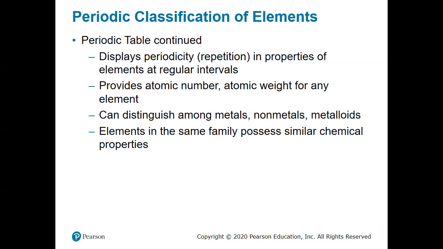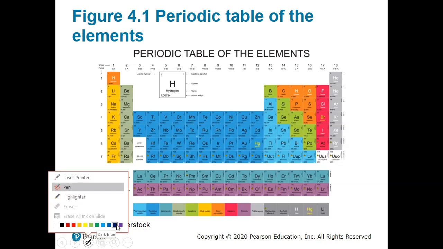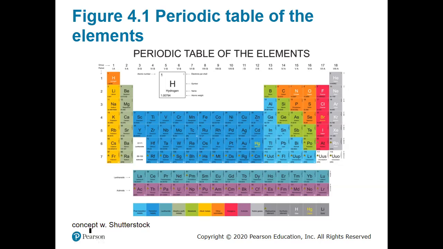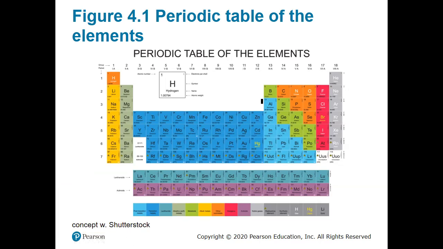If you look closely at your table, I'm going to back up a slide here. You should see on your table a thin black line that splits between boron and aluminum and kind of staggers its way down like so.